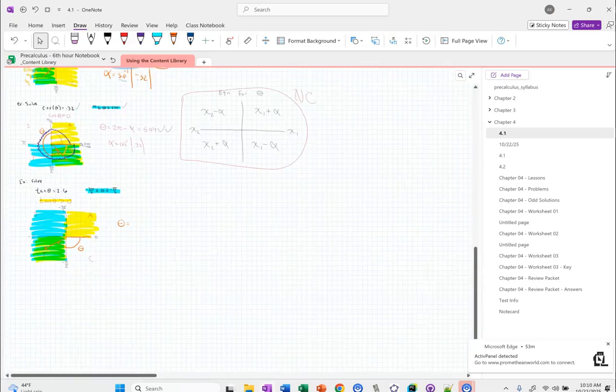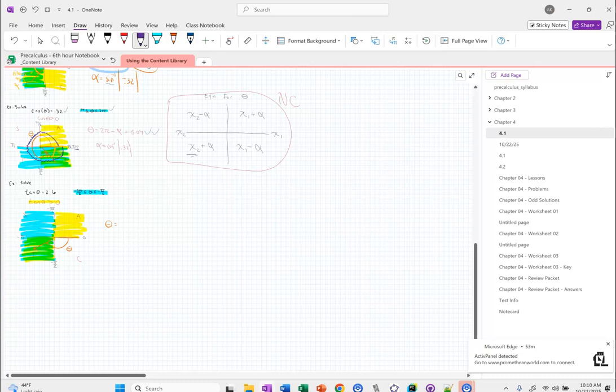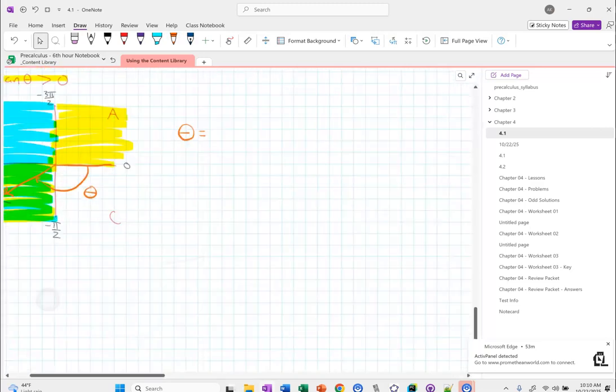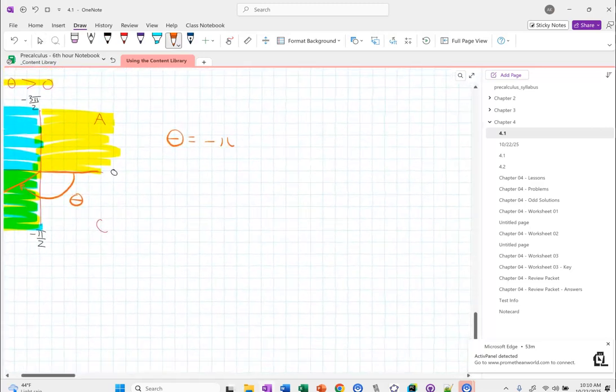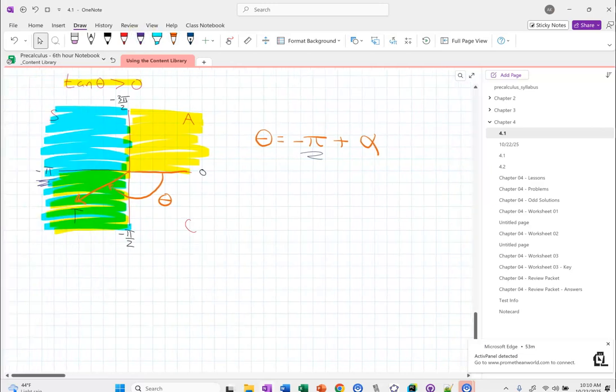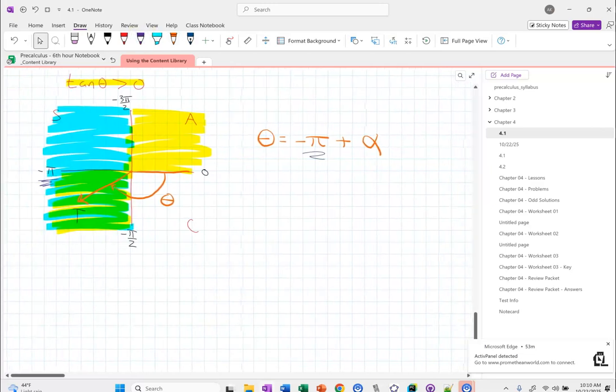So my x2 is this label, which in my picture is -pi. Alpha is always calculated the same way.